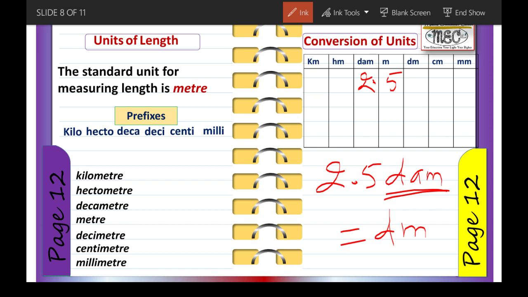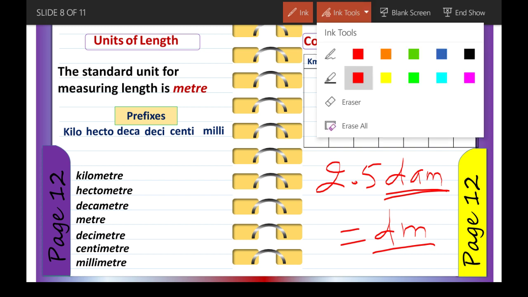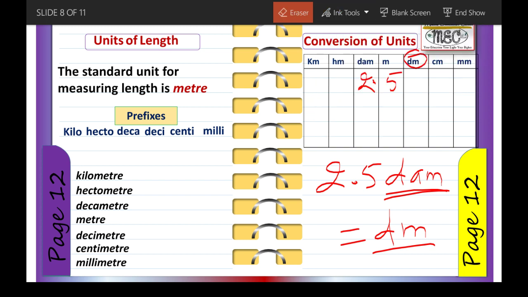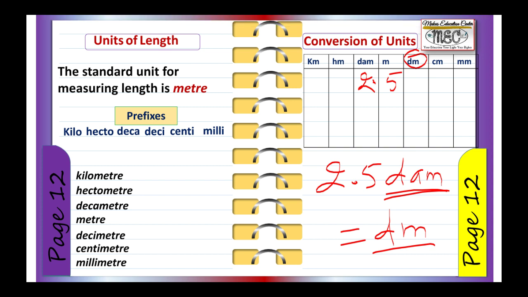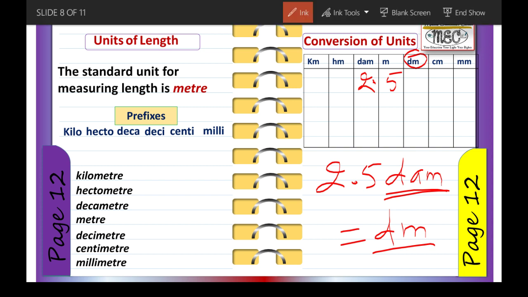And then when you are converting to the decimeter, you see that decimeter is here. And then you cannot keep this decimal point, because for you to convert, you only move the decimal point. You move the decimal point to the asked unit. So you will move this decimal point to the asked unit and then you put the decimal point here.